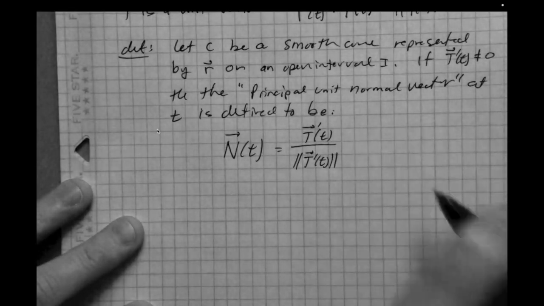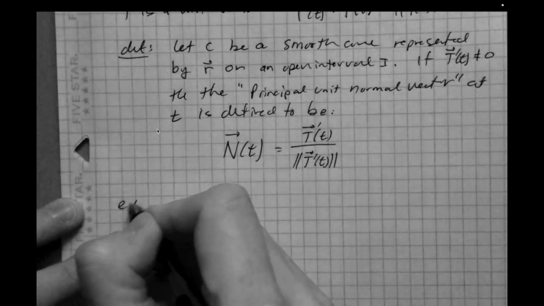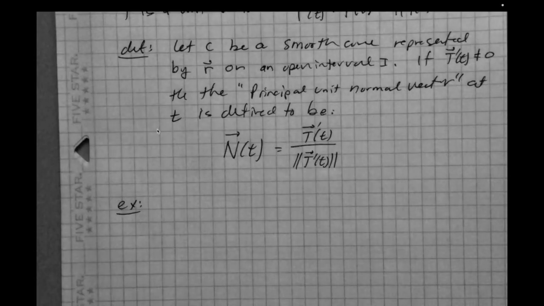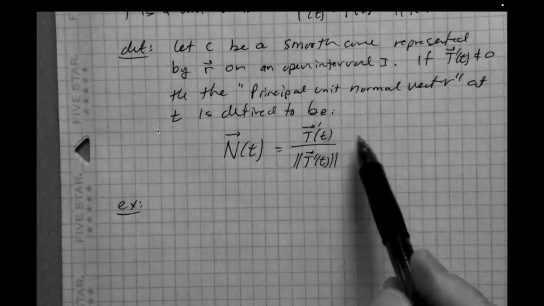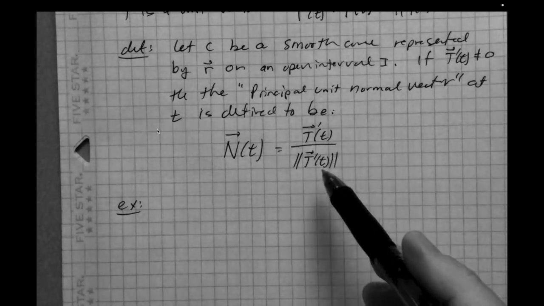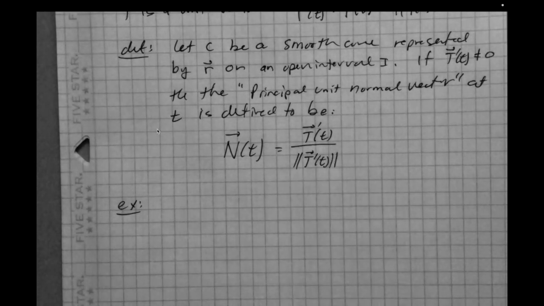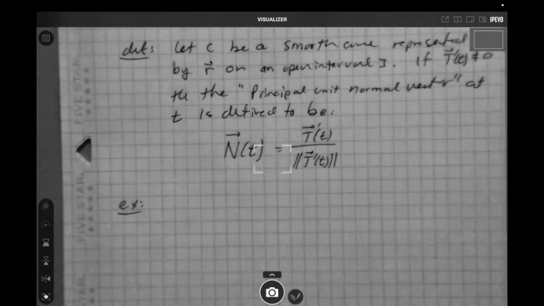And so let's do an example here. And these can be a little bit hairy because it depends on the function you're starting with, but these can get a little complex because of the differentiation. Okay, so let's do an example here.